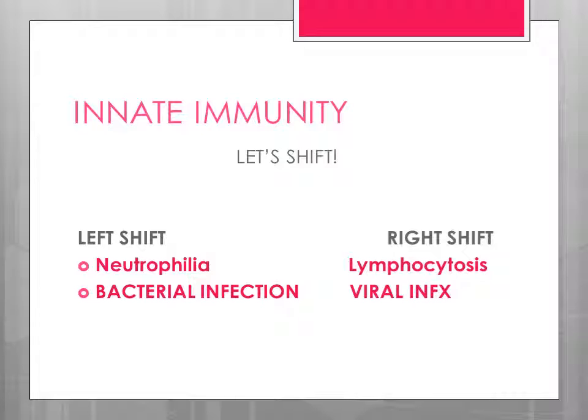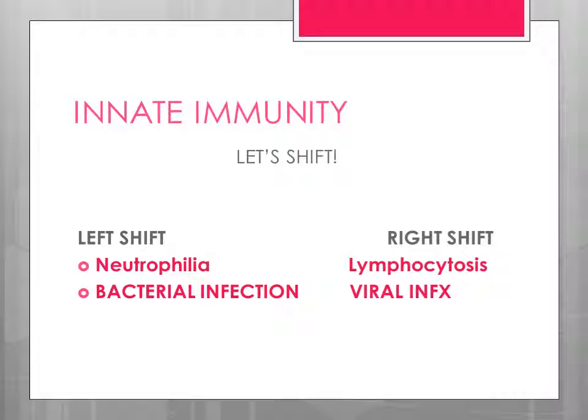So imagine that your neutrophils are to the left, your lymphocytes are to the right. And your neutrophils are raised. They're at 90%. Your lymphocytes are down. They're at 10%. So you have neutrophilia and lymphocytopenia. That's shifting to the left because the left side is raised. So you have bacterial infection going on in the body.